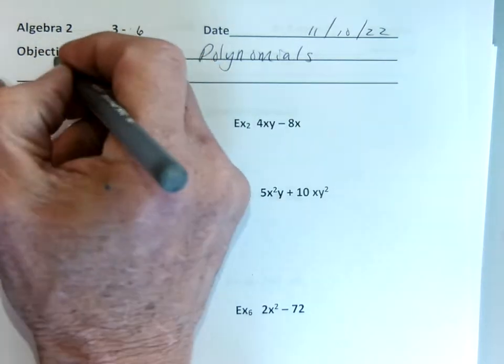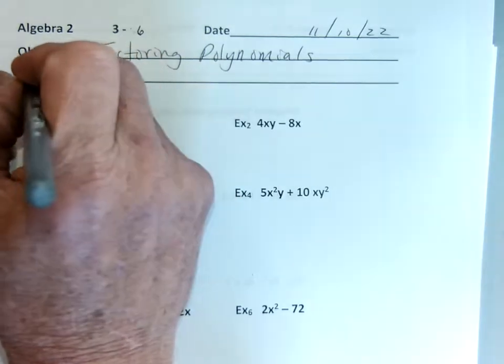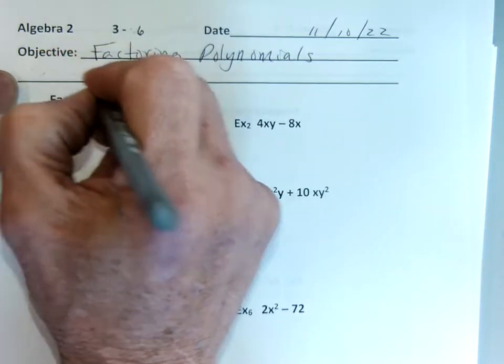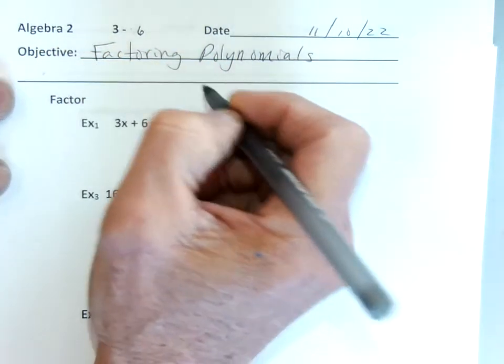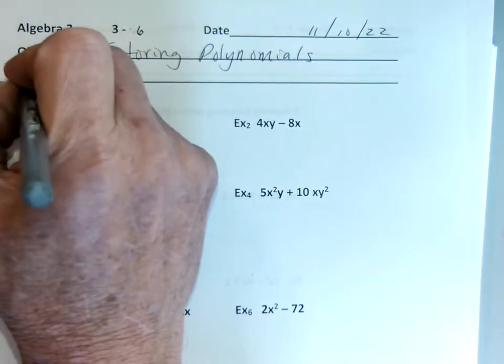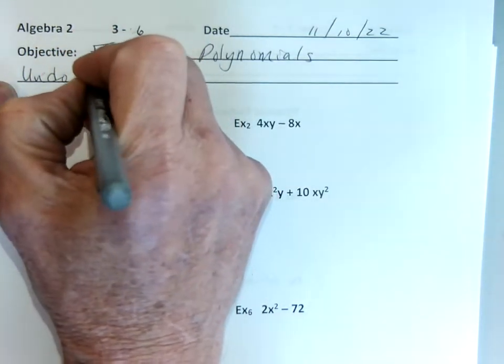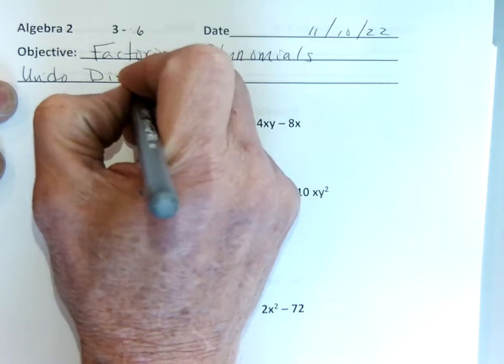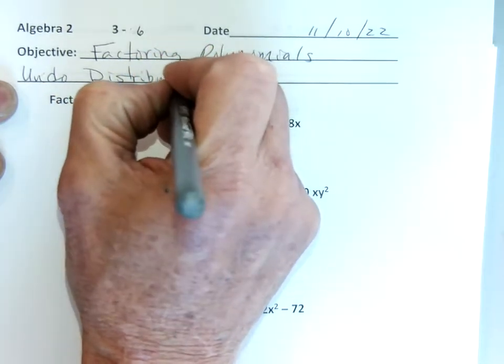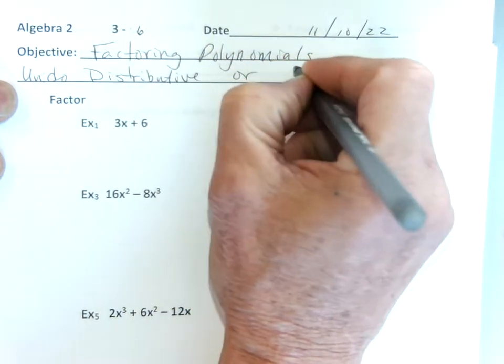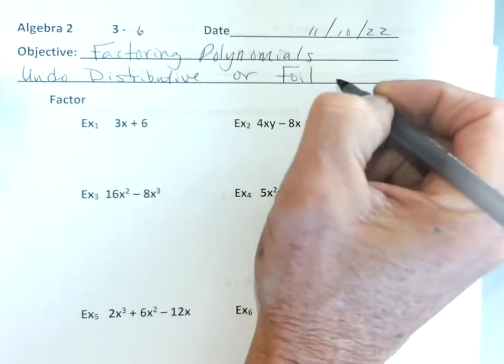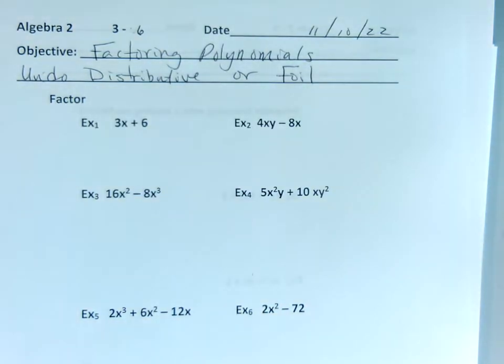It is undoing the distributive property or undoing FOIL. Okay, I'll show you.